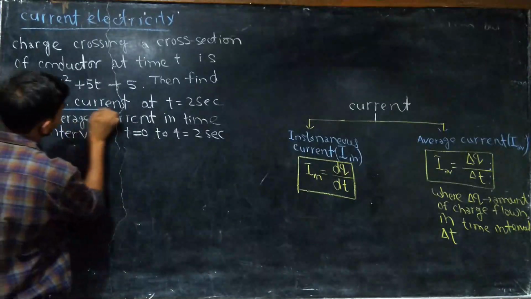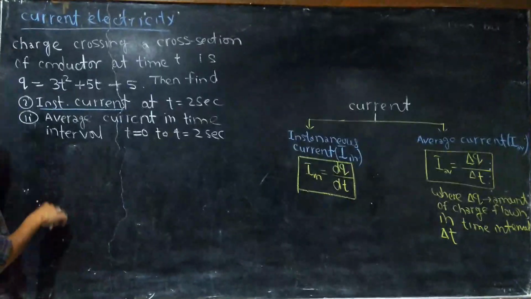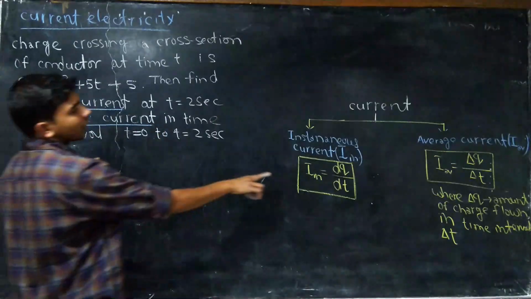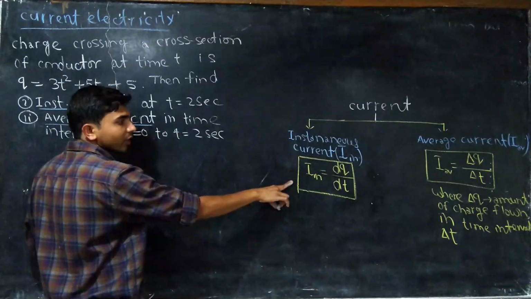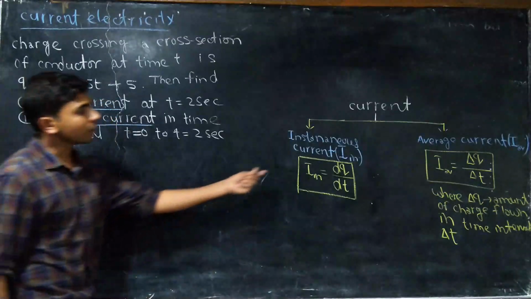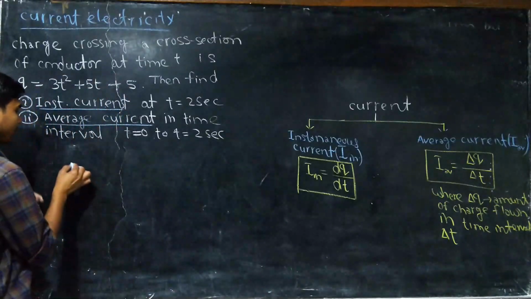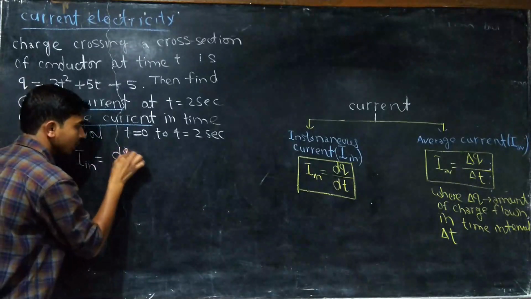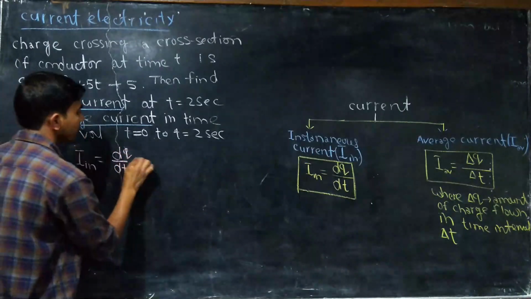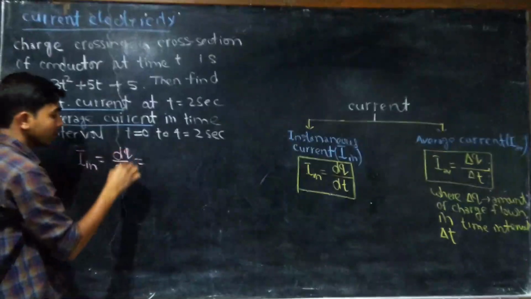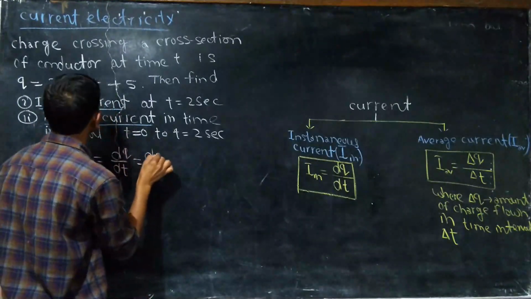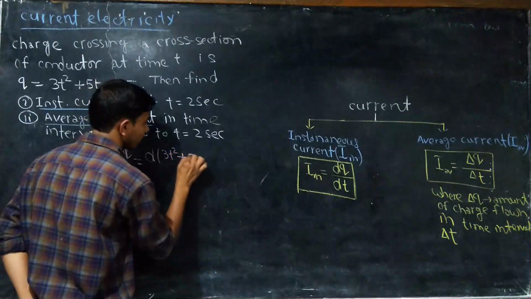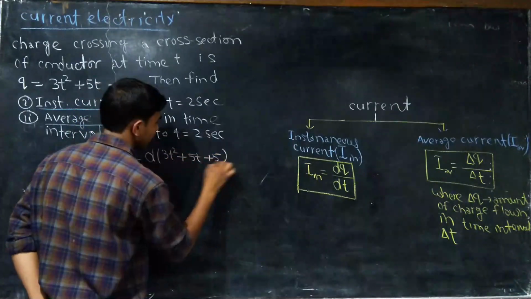We have to find instantaneous current, and in the second question we have to find average current, right? The formula is already written on the blackboard. Instantaneous current is equal to dq by dt. And your q is this one, so we just have to substitute the value of q: 3t square plus 5t plus 5.